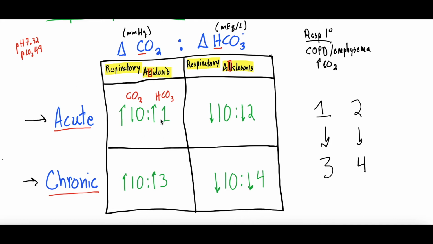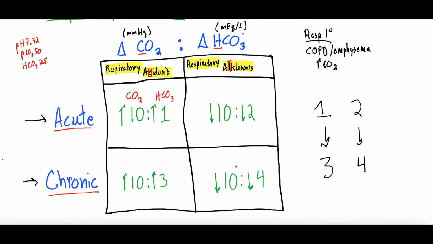For every increase of 10 in the carbon dioxide, which means we're going to make this an even 50 for ease, there's going to be an increase of 1 in the bicarb to compensate. So if you've increased your carbon dioxide by 10, and a normal bicarb is 24, you're going to expect your bicarb to be 25 to compensate.